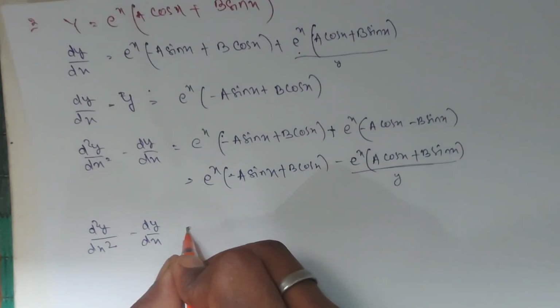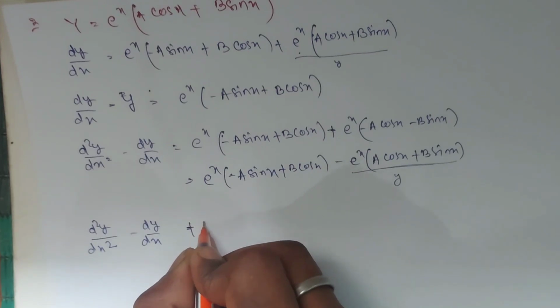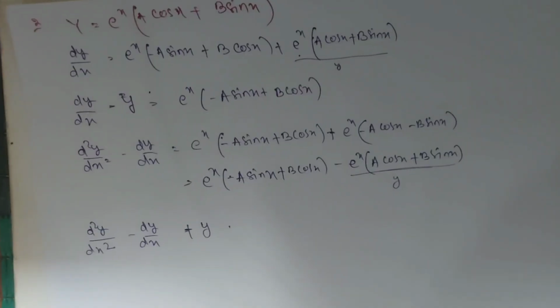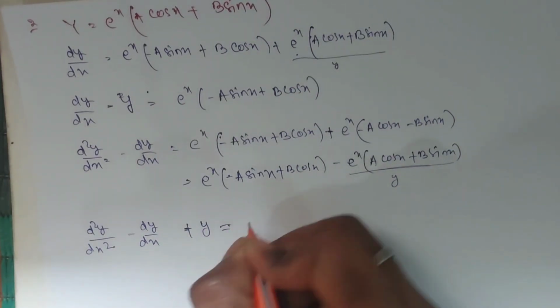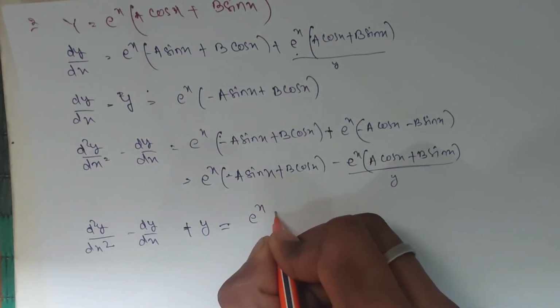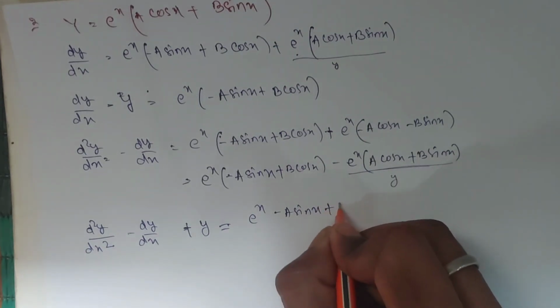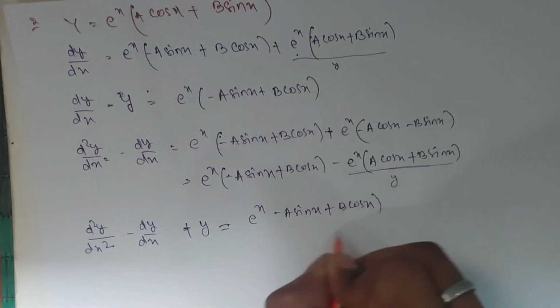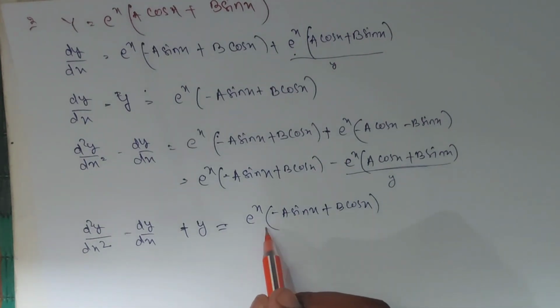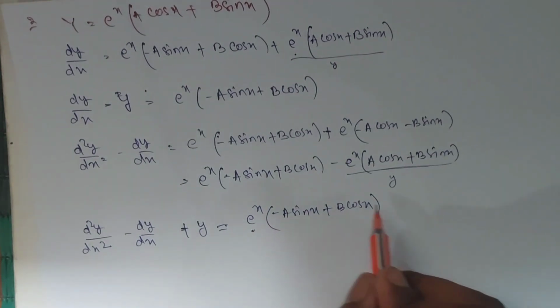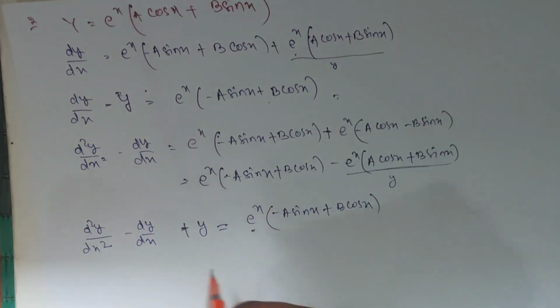equals, plus y minus a sin x plus b cos x. So we already get the value of e to the power x times (minus a sin x plus b cos x) here. So put these values here.